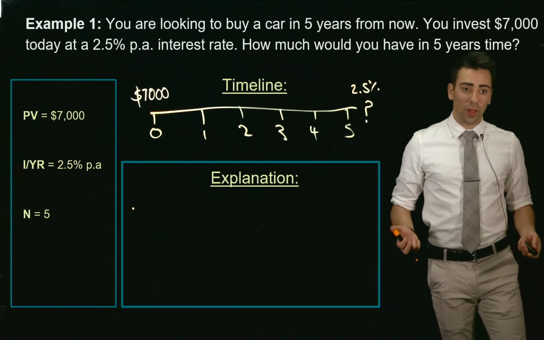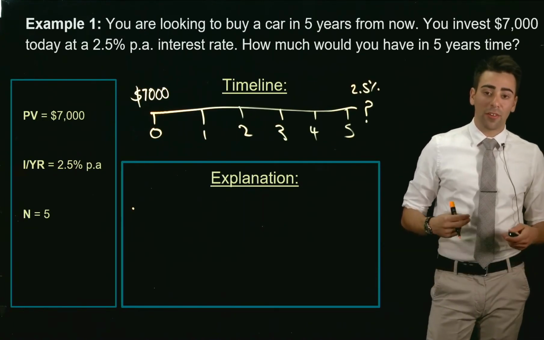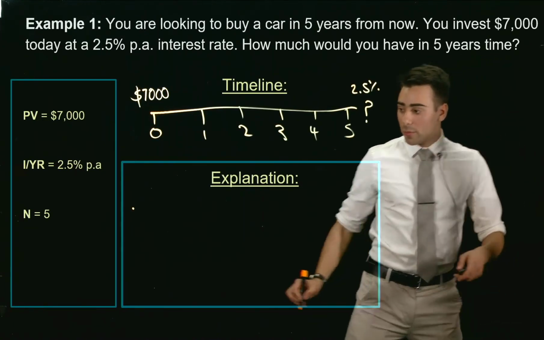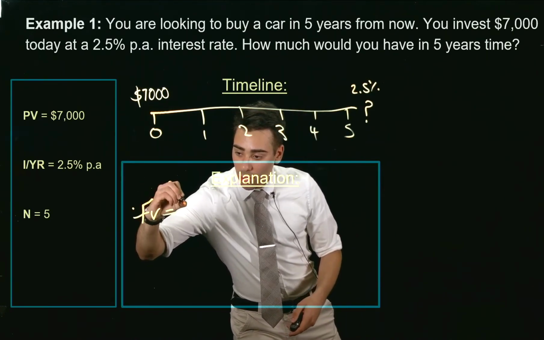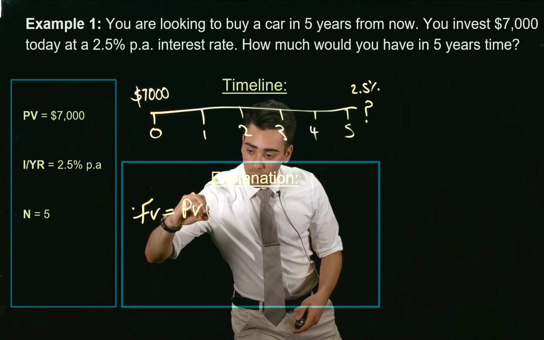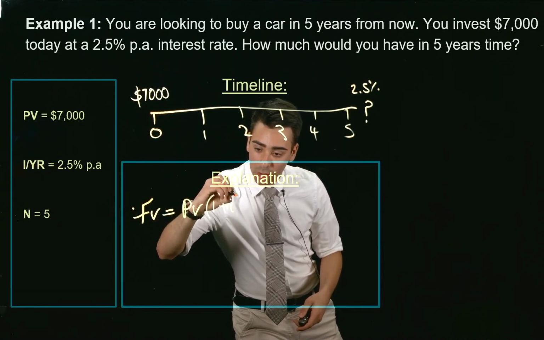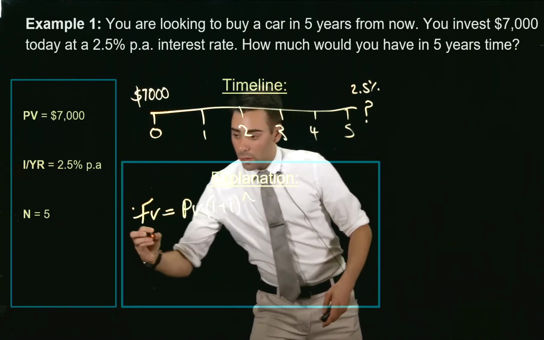So recall the formula from the previous slide. We can now use it to solve for our future value. So we have FV equals PV multiplied by (1 plus I) to the power of N.